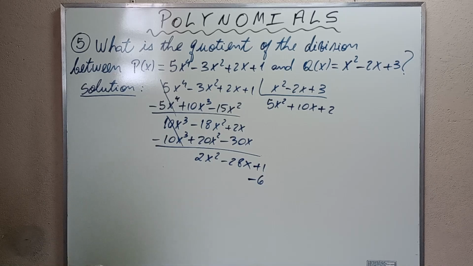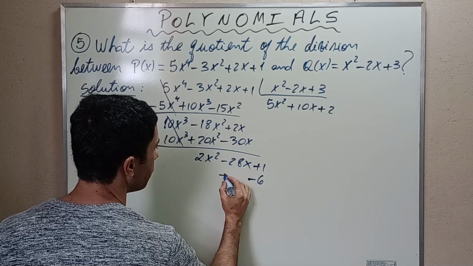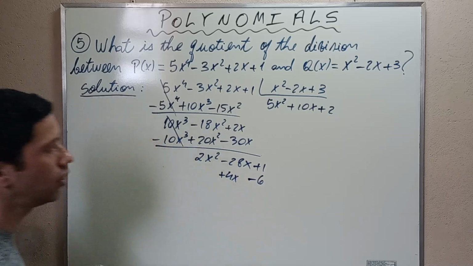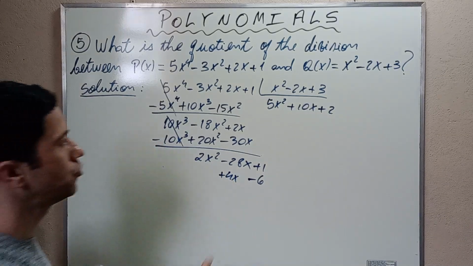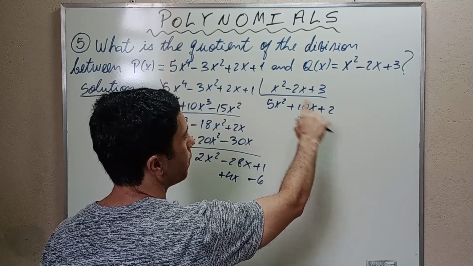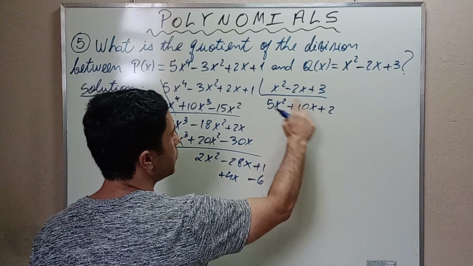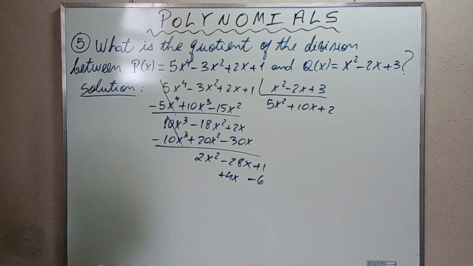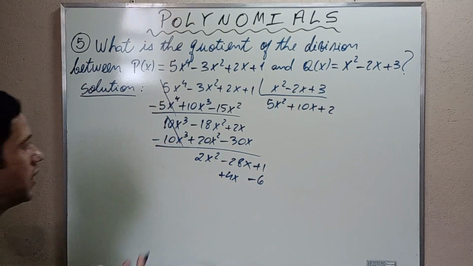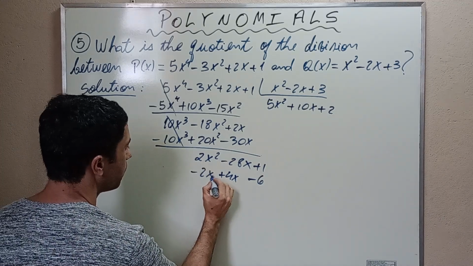Pass to the other side, positive 4x. 2 times x squared is 2x squared, pass to the other side, negative 2x squared.